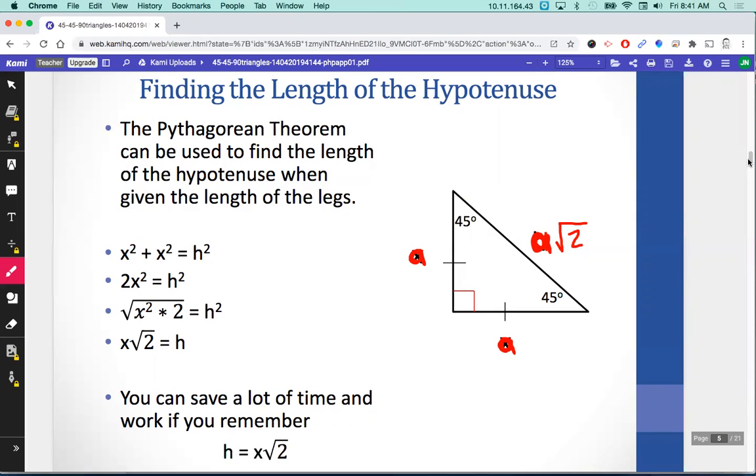So just like yesterday, I had you guys write down that A, 2A, A radical 3 triangle. This is the triangle I would write down for today. Okay, this is the one we're going to be using today. Monday, we're going to do a combination of the two. We're going to do a quick review of both types of triangles so you can identify them. But today we're going to be focusing on the 45, 45, 90.